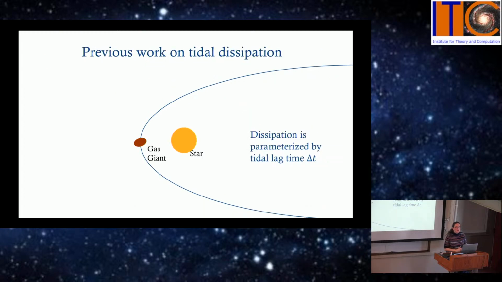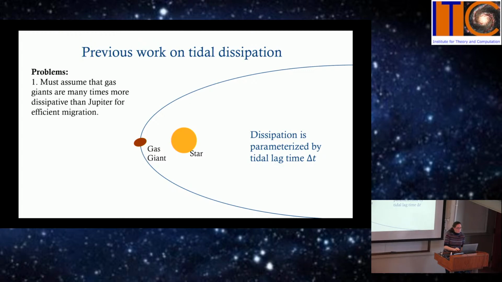A lot of previous work on tidal dissipation has used a parameterized treatment of tides, where you use a tidal lag time, maybe, is one way to think of it. So here you have the standard picture of the gas giant with a lagging tidal bulge. But there's a few problems with doing this.